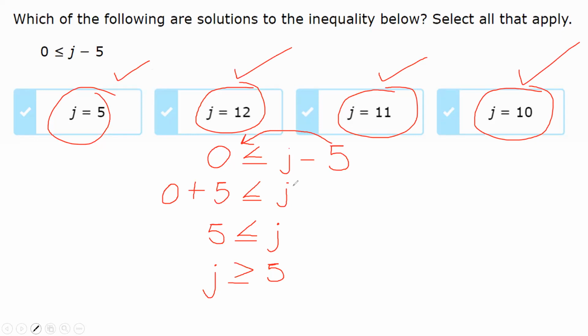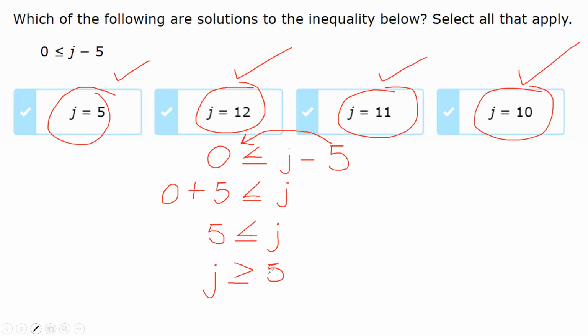Okay, good. Cleveland, can you explain how we got J is greater than or equal to 5? So what we do is we write the equation 0 is less than or equal to J minus 5.